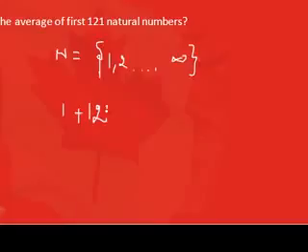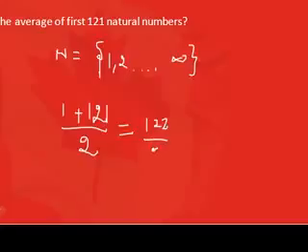It would be 121. So all we have to do is first number plus last number by 2. Since all the natural numbers are in arithmetic progression, my answer would be 122 by 2, which would be nothing but 61. Hence my answer is 61.